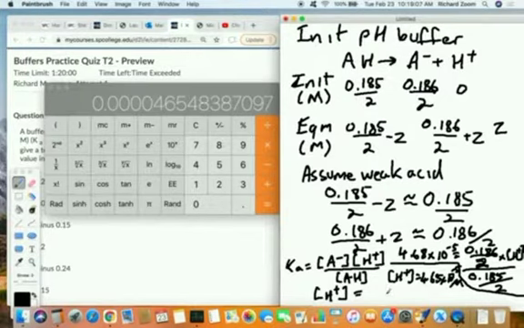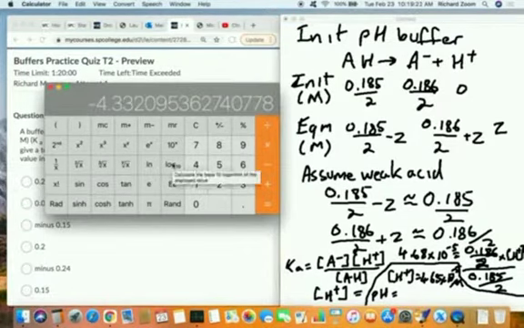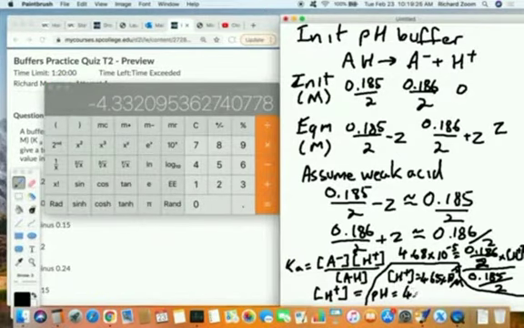And we take the pH, that'll be the final amount here. If I take the log of that, 4.332 is what I get for the initial pH of the buffer. So that's the first part.